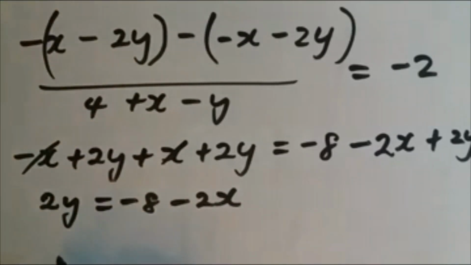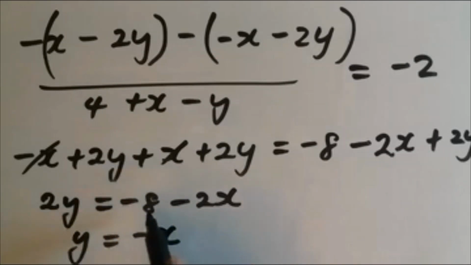If we divide throughout by 2 and swap, minus 2x after dividing and -8, we have that y is equal to 2 into that will give us -x, and 2 into -8 will give us -4.